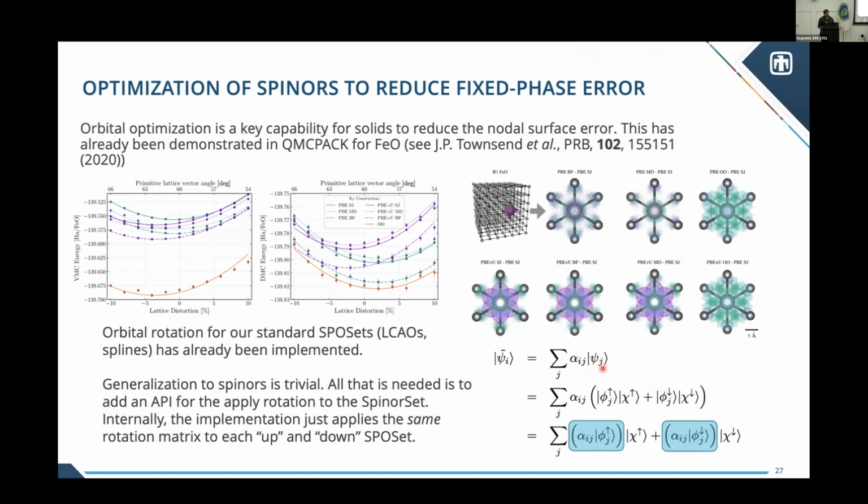And if you think about that orbital as a spinor, it's really straightforward. All you have to do is rotate amongst the individual up and down components separately. So we've got that in the code. There's a little bit more testing we have to do, but very soon you should be able to run orbital optimization, which Josh is going to explain how to do later. And then you could eventually just swap in a spinor wave function and do the same thing.